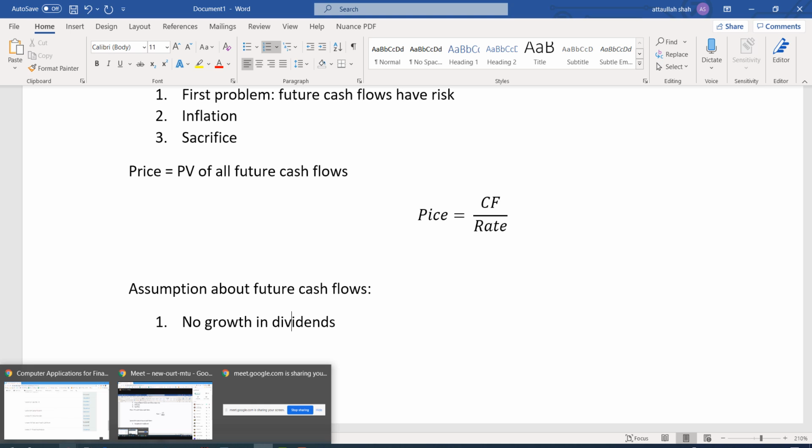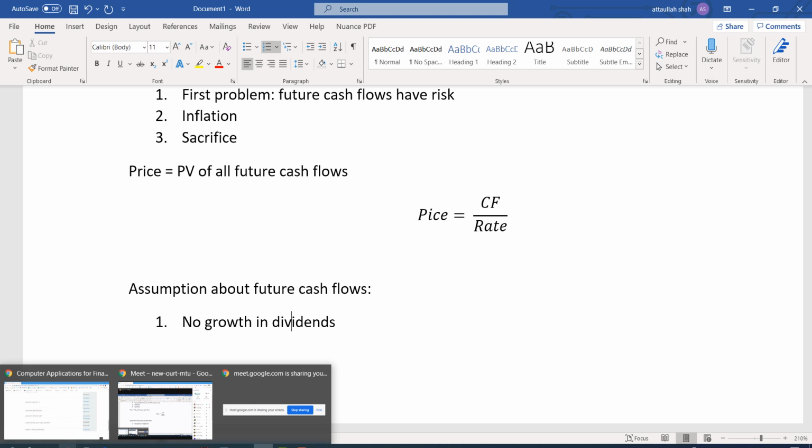And what will be the amount of dividend in the second year? Of course, if there is no growth, it will remain the same, 2 rupees. And for any number of periods, we can forecast this amount. It remains 2 rupees. So it becomes very simple.